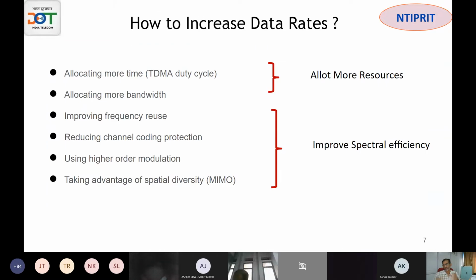So you have got many methods. One is you change the technology, or you give more resources in terms of TDMA or in terms of bandwidth. For example, in the 2G world, we were very happy with 6.2 megahertz or 10 megahertz or something like that. We were quite happy with those kinds of resources. Now in 5G, what is available? People are talking about 400 megahertz in the standard itself, and then with carrier aggregation much more.